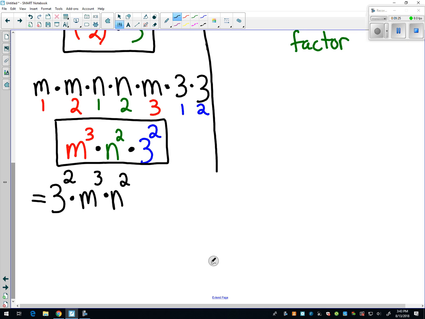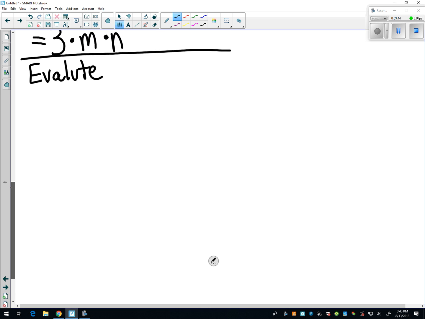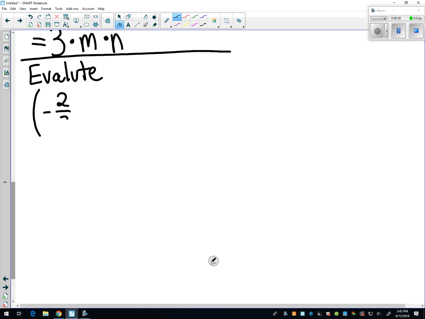Let's look at 2 questions, 3 more, where you might be asked to evaluate using powers. So now we're going to evaluate. It means we're actually going to solve until we get one number as an answer. We're going to start with the example of -2/3 to the 4th power.